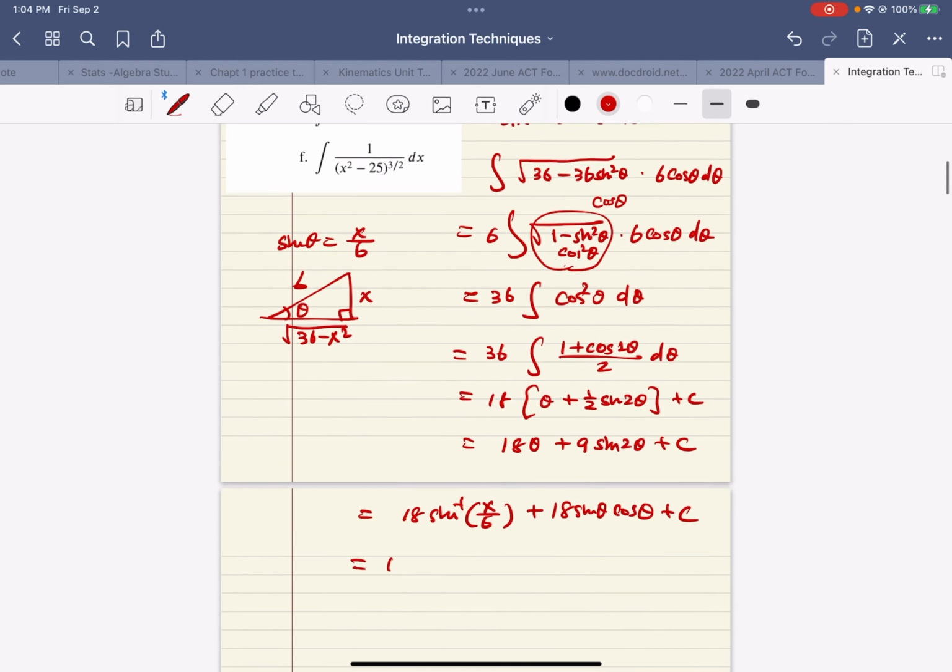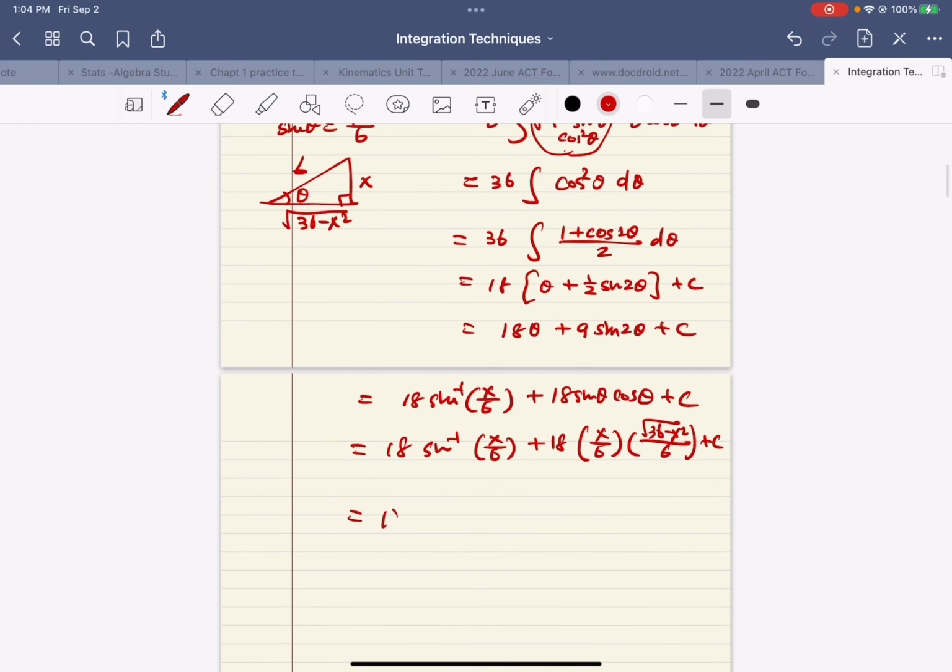So your final answer: 18 inverse sine x over 6 plus 18 times sine theta, which was x over 6, times cosine theta, which is root 36 minus x squared over 6, plus c. So your very final answer: 18 inverse sine of x over 6 plus, this 6 times 6 is 36, so 36 divided by 18, 2.